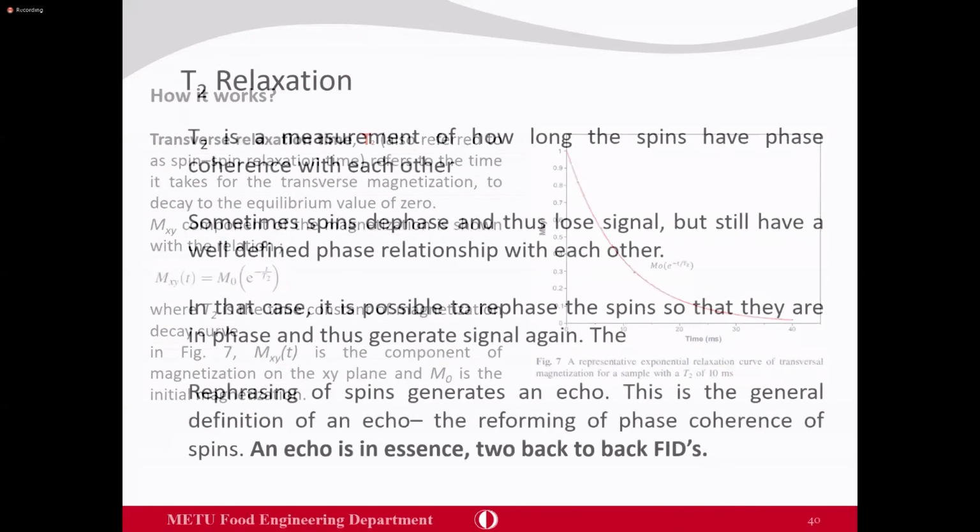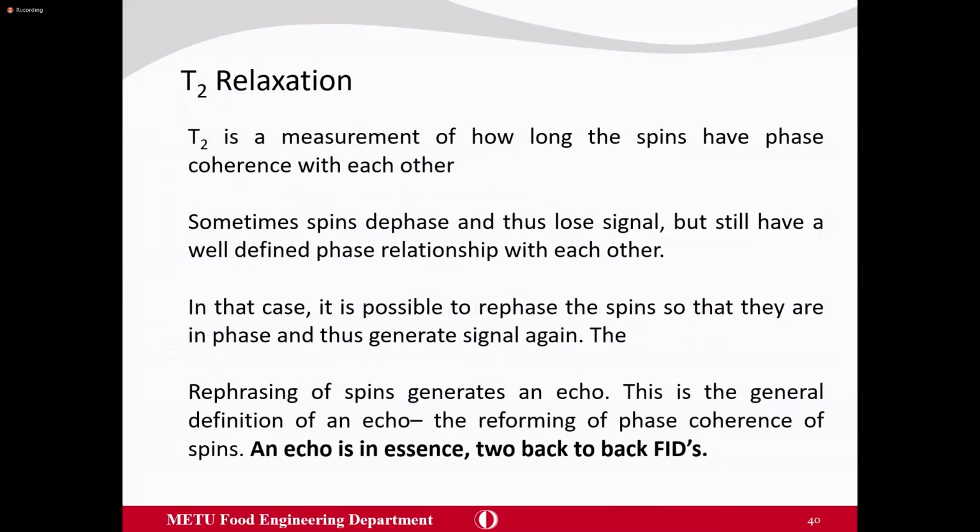T2 is a measurement of how long the spins have phase coherence with each other. Sometimes spins dephase and lose signal, but still have a well-defined phase relationship. In that case, it's possible to rephase the spins so that they are in phase and thus generate the signal.